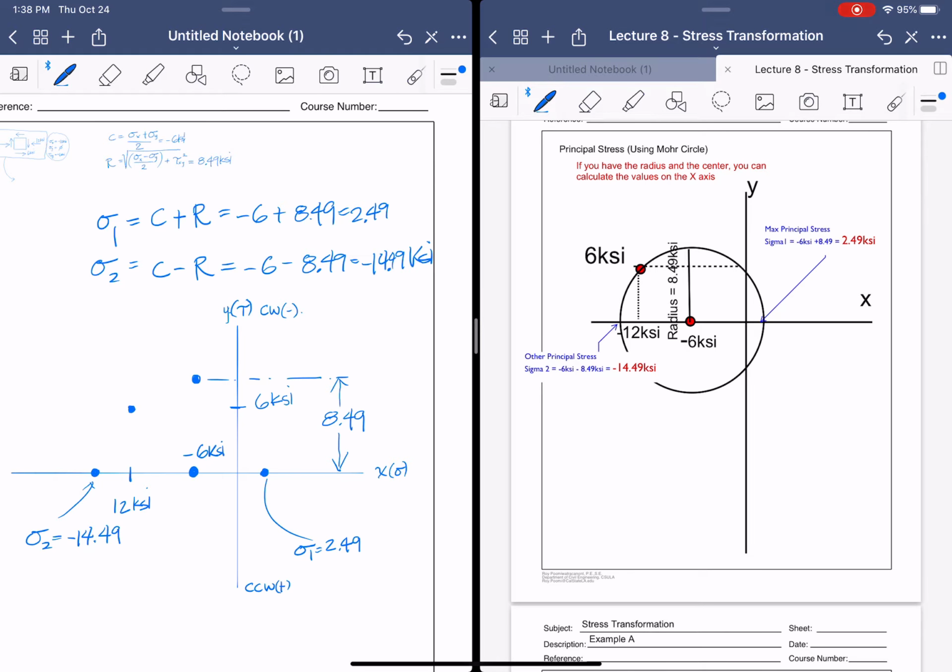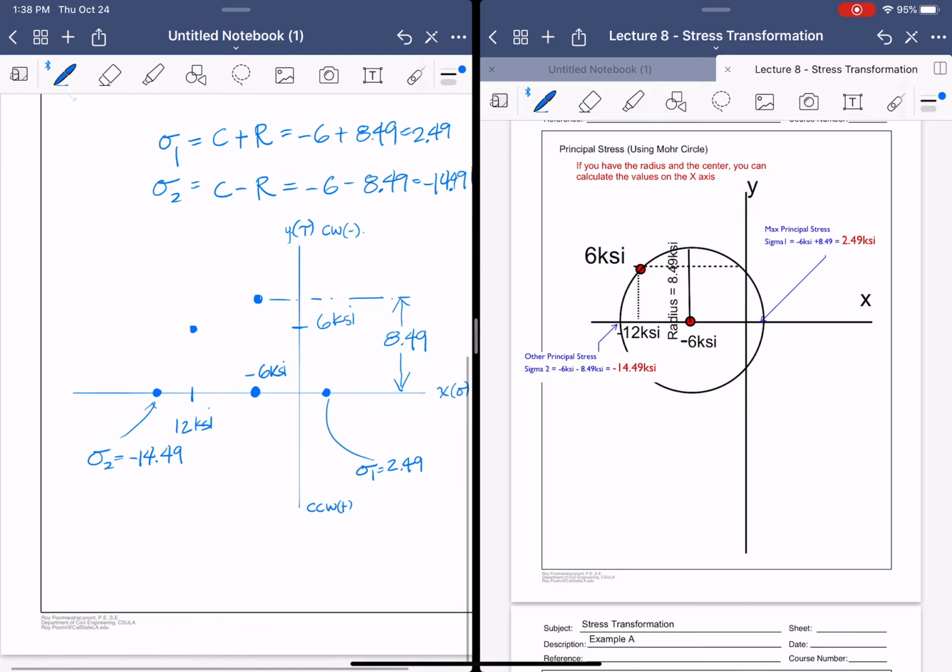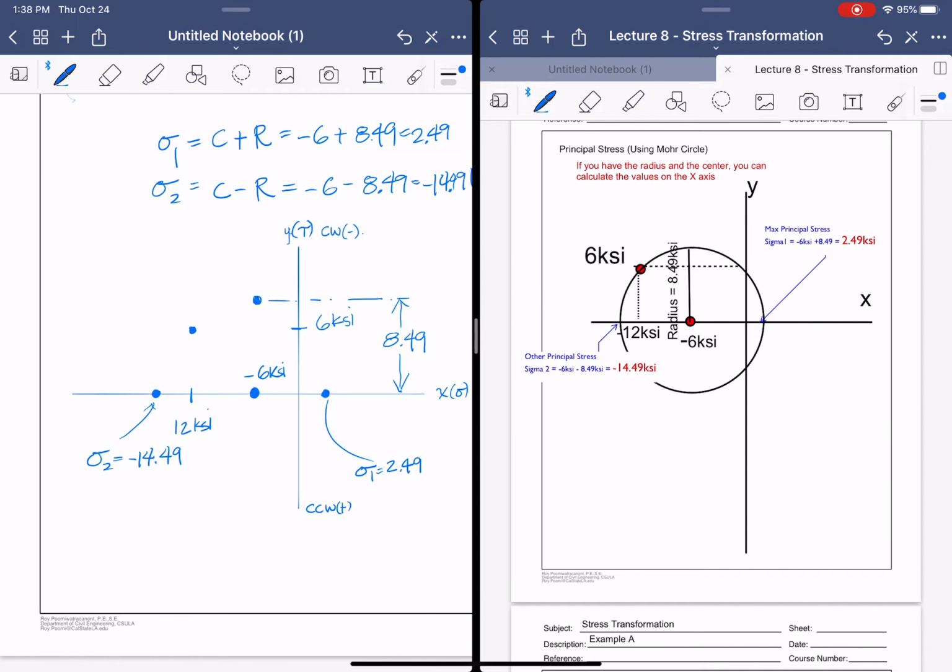All right, so we draw our circle. Let's see if I can do it nicely. Boom. It's almost there. It's not bad. It's slightly off, but it's okay.